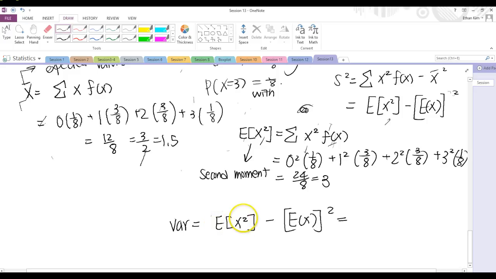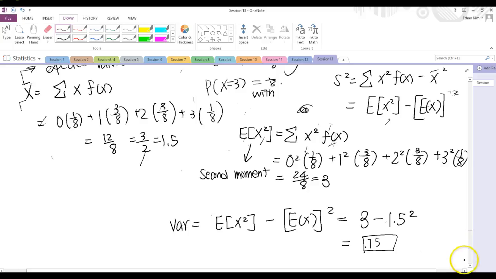So the second moment was 3, and we already found that the first moment, or the expected value, is 1.5. So you square that, and you get 3 minus 0.25, so that's 0.75. So this is your variance.